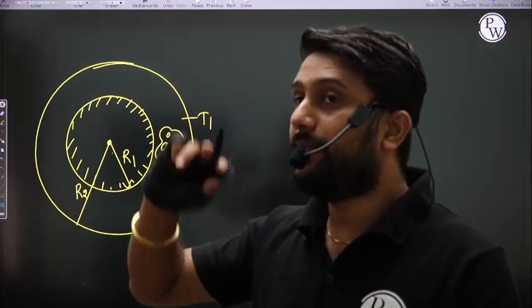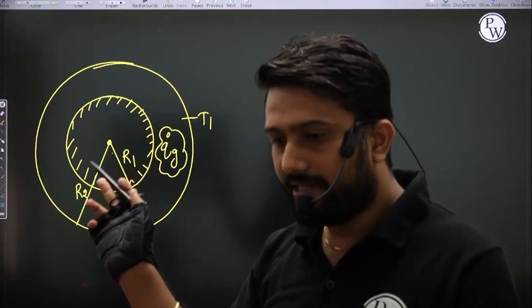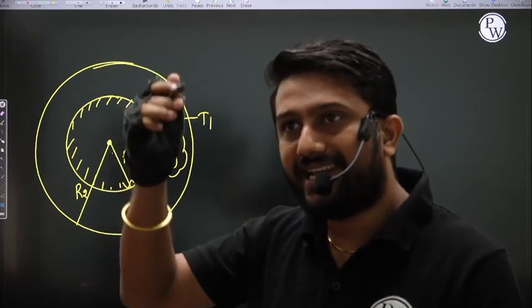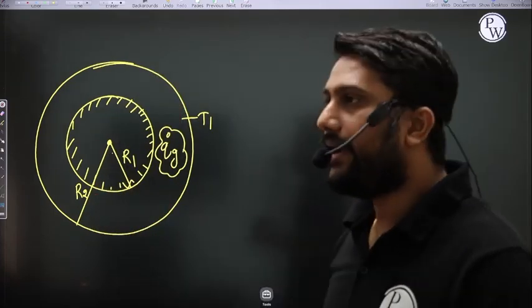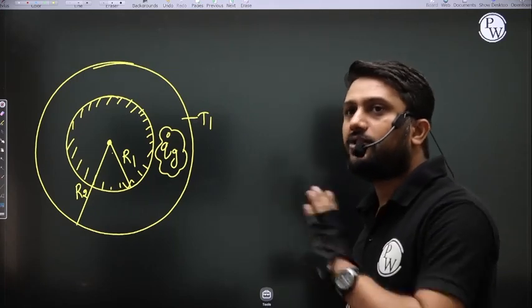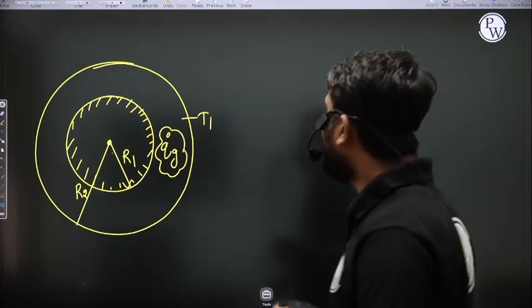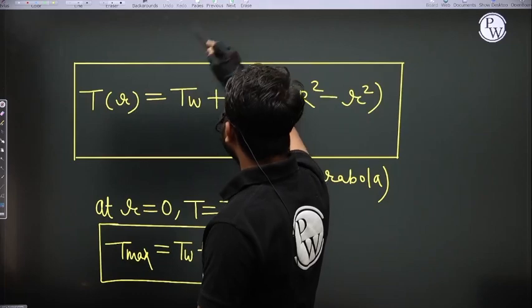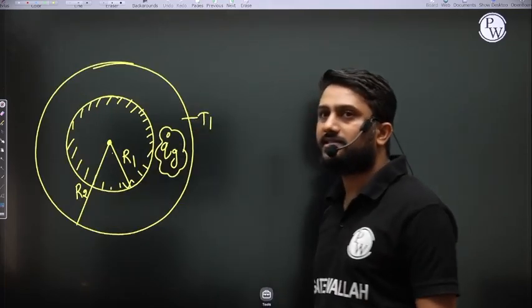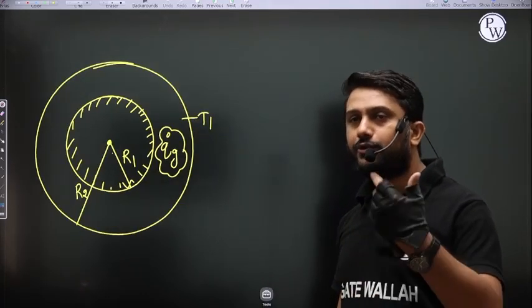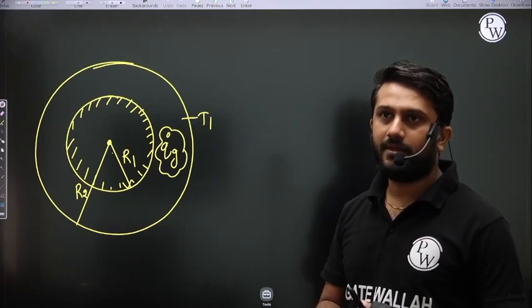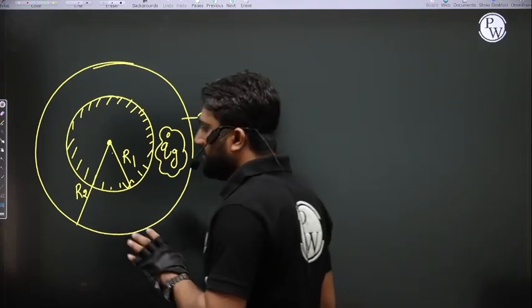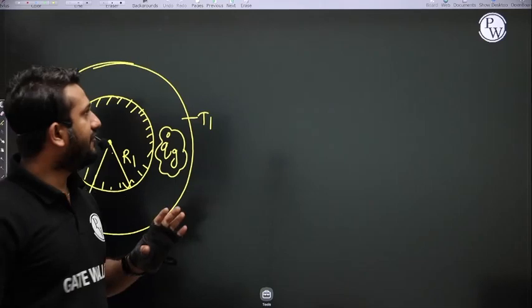So again, the mathematical expression we derived a short time back is not applicable here, because this is a hollow cylinder with uniform internal heat generation. So again, where does the change occur?